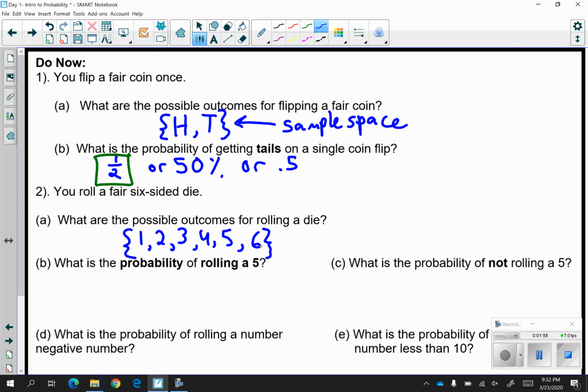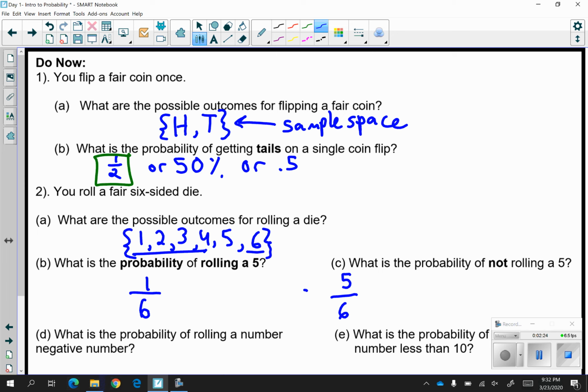Now, the probability of rolling a 5 is 1 out of the 6 different outcomes in your sample space. The probability of not rolling a 5, well, you have 1, 2, 3, 4, and the 6. So that is 5 options that are not a 5, out of your 6 total.